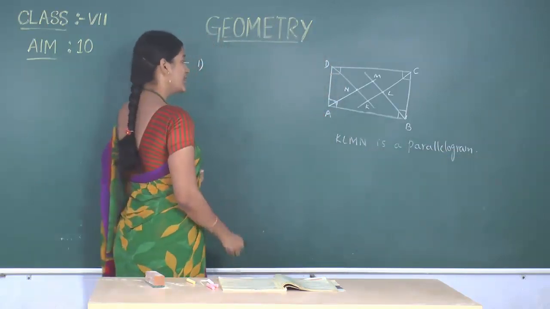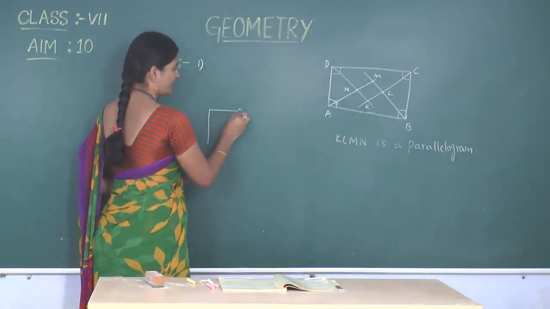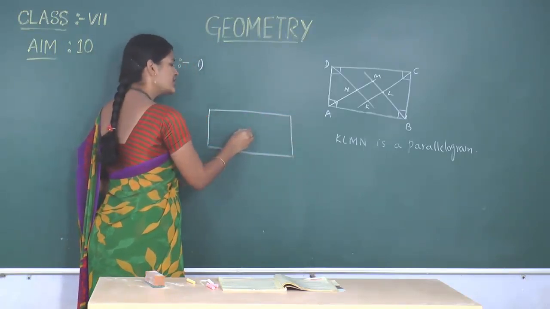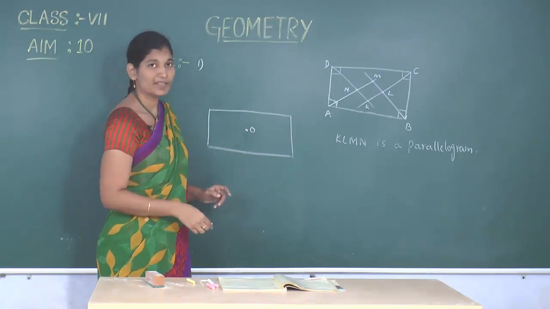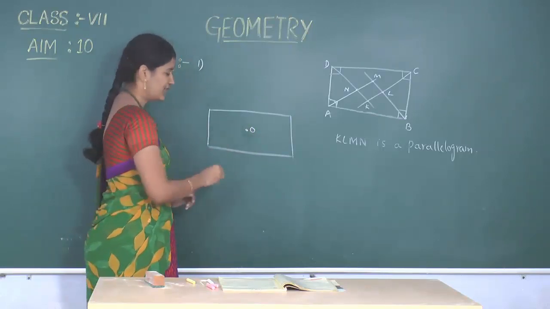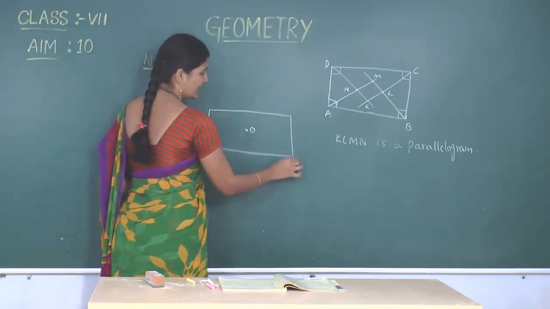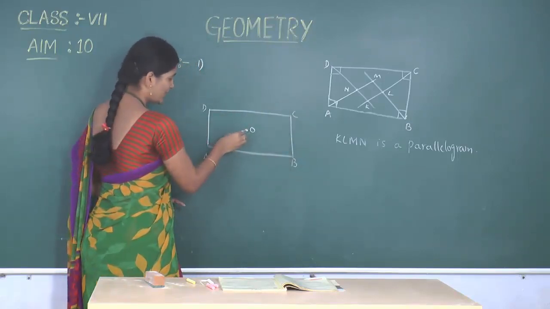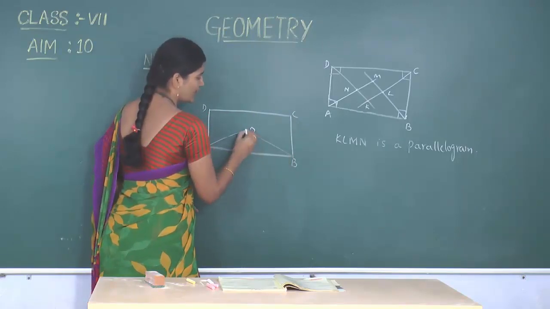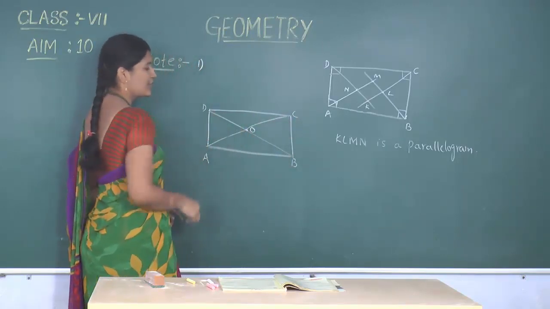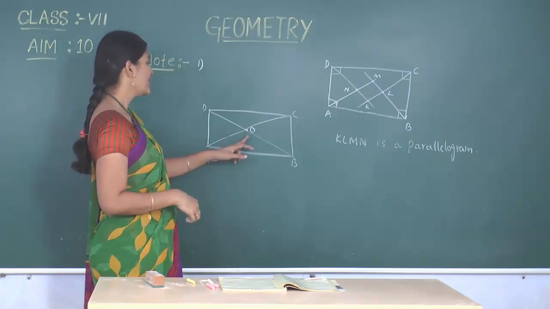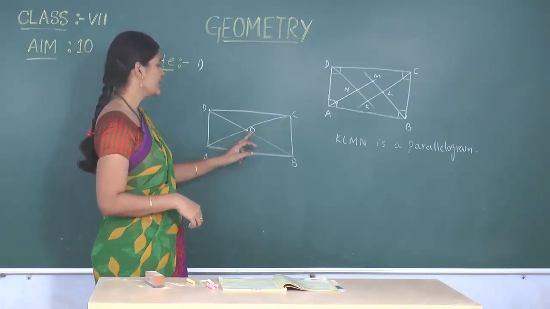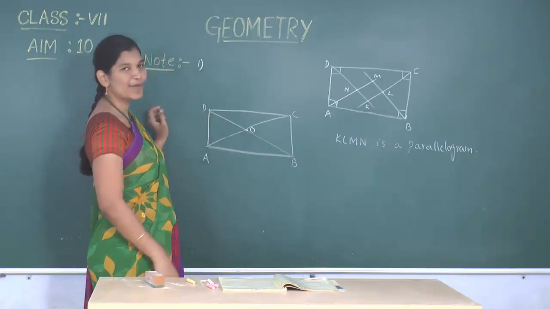And next, let me take one more rectangle here. I am taking one point which is O, that is inside the rectangle. Let me give the names here, A, B, C and D. Now join OA, OB, OC and OD, and here OA plus OC is equal to OB plus OD.